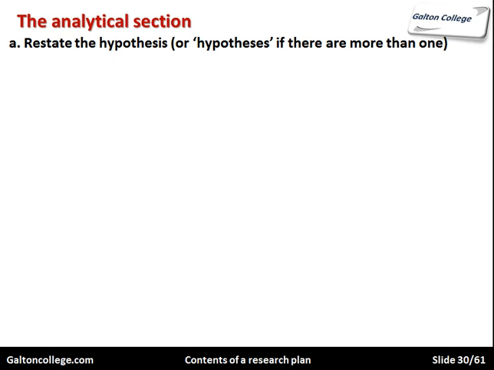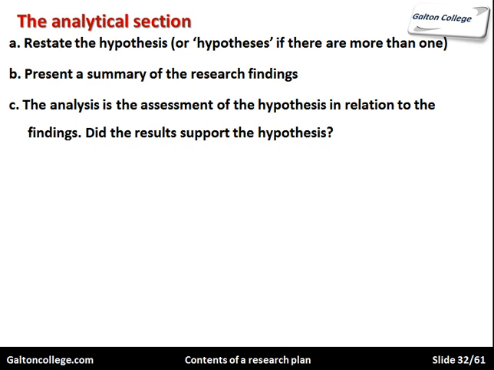So we restate the hypothesis, and then we present a summary of the research findings and an analysis of the relationship between the research findings and the hypothesis itself. So, in other words, did the results of the empirical work, did the results of the research support the hypothesis or reject the hypothesis?